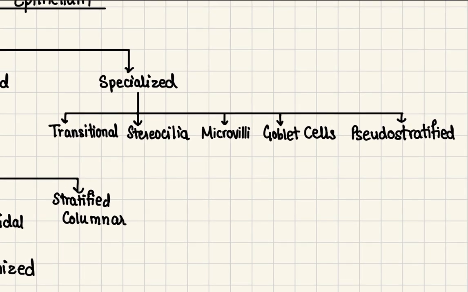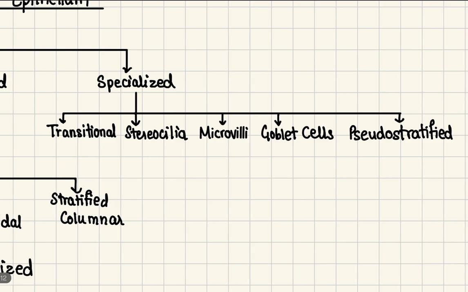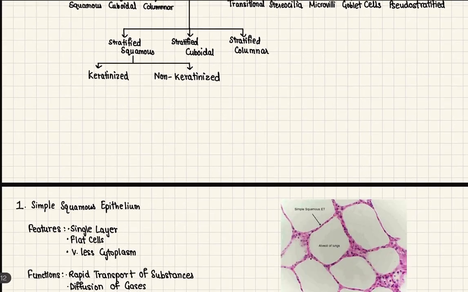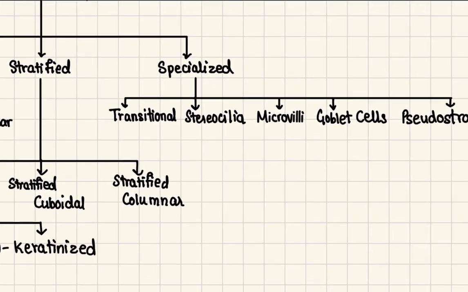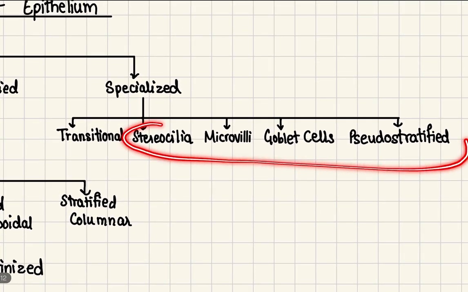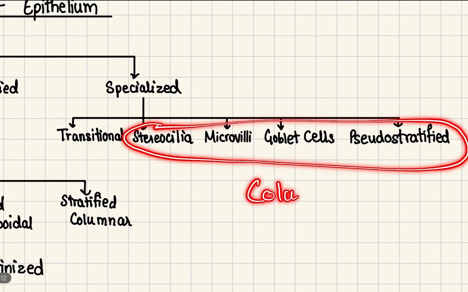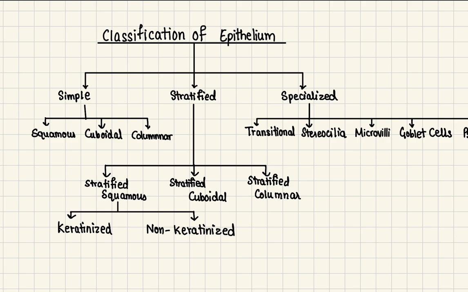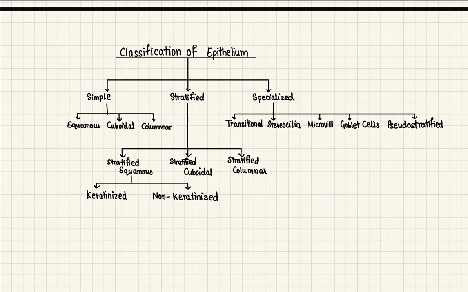Now coming to specialized epithelium, it is of a few types, that is transitional, stereocilia, microvilli, goblet cells, and pseudostratified. So the major chunk, from stereocilia to pseudostratified, they come under columnar as well. But I've kept them as a specialized classification because they are slightly different from the normal forms of epithelium.